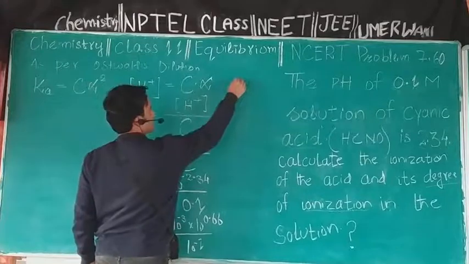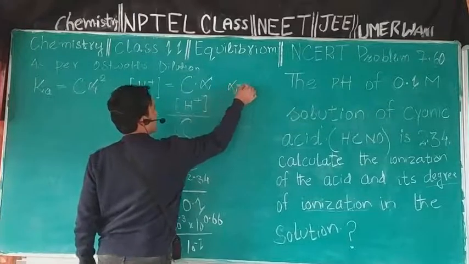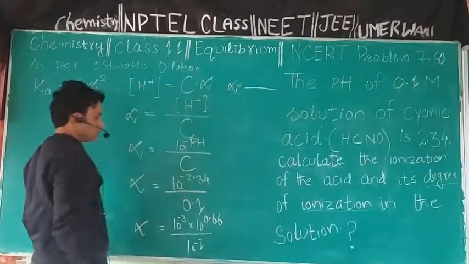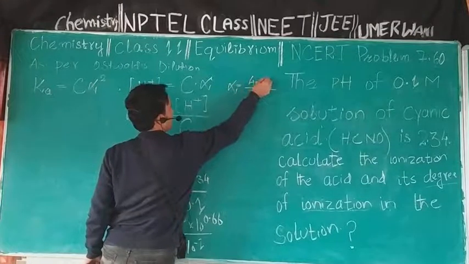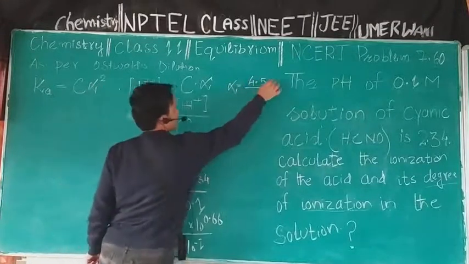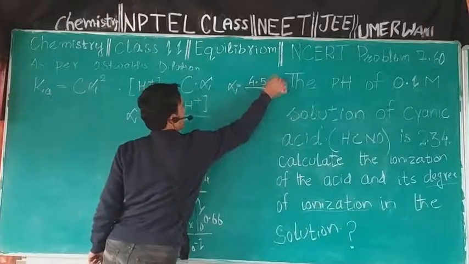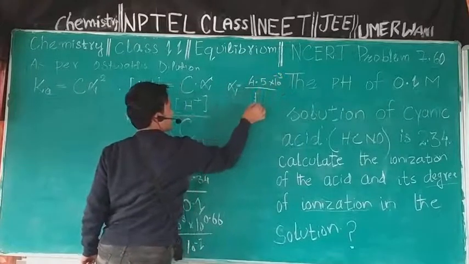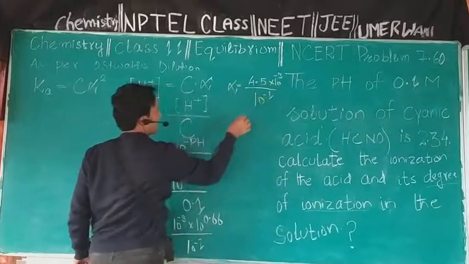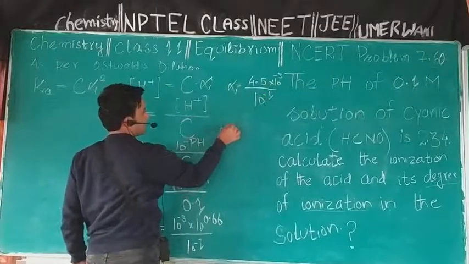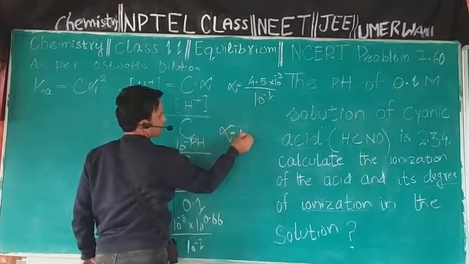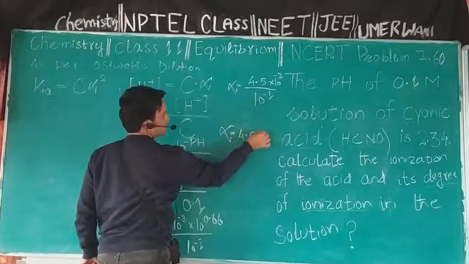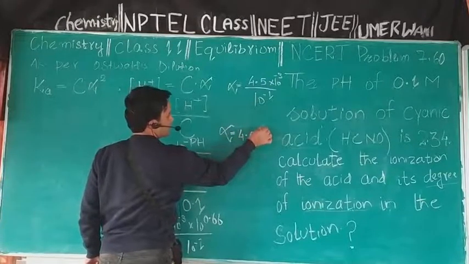So alpha is equal to 4.5 into 10 raised to the power minus 3 divided by 10 raised to the power minus 1, and alpha finally will be equal to 4.5 into 10 raised to the power minus 2.